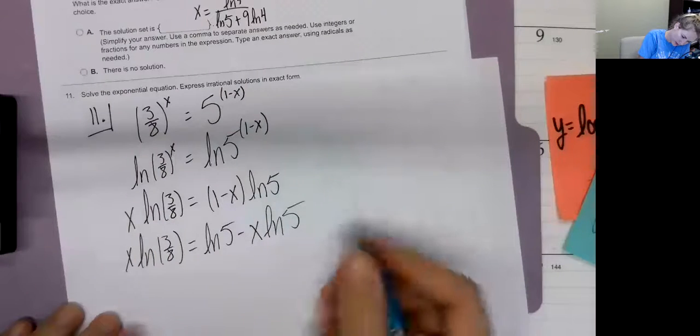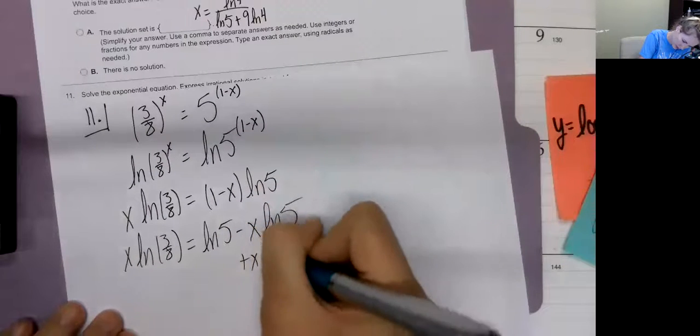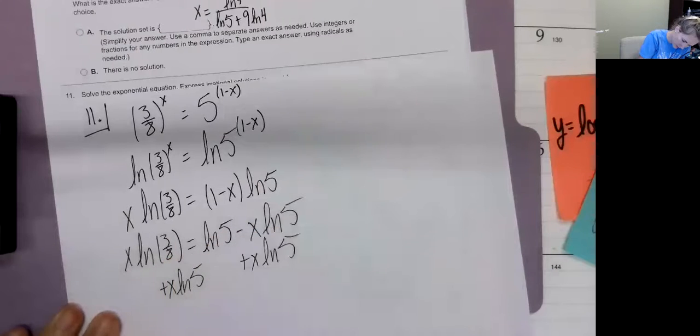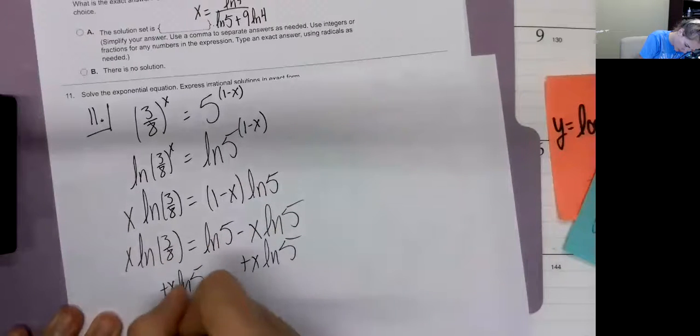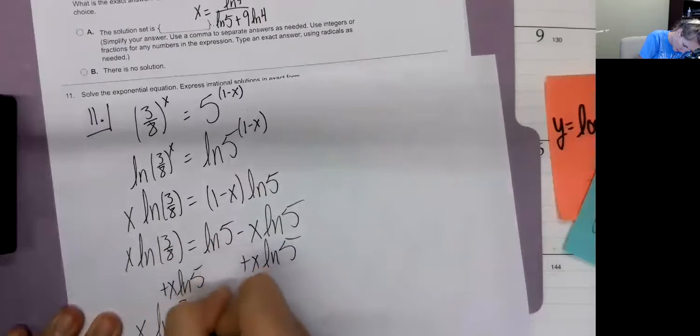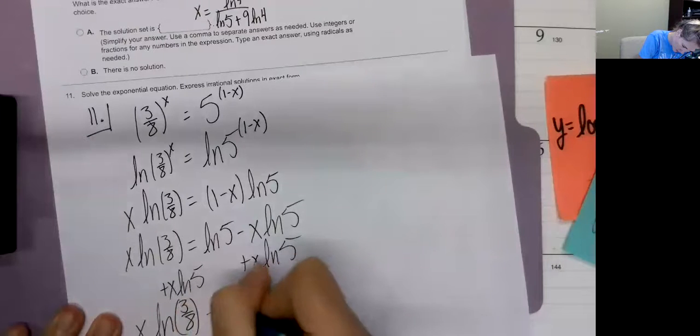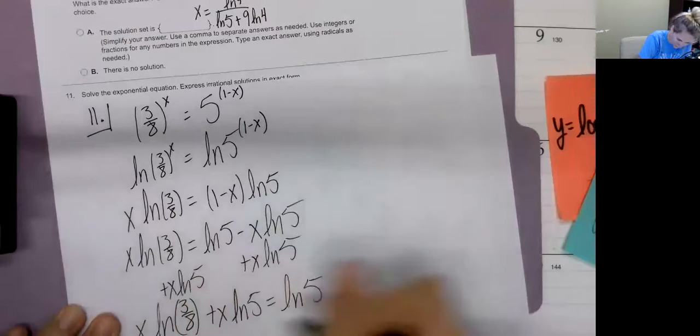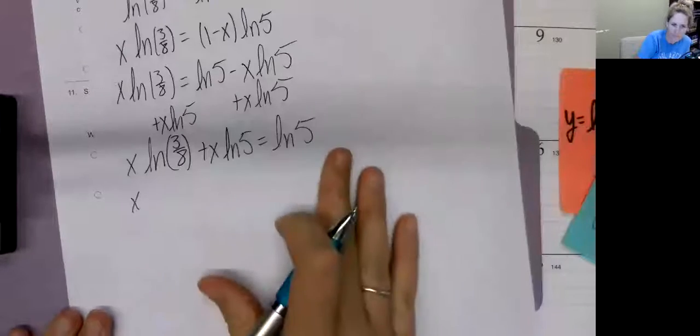Then we're going to get our x's on the same side, so I'm going to add this one. I can't combine them because they're not the same natural log. Factor an x out.